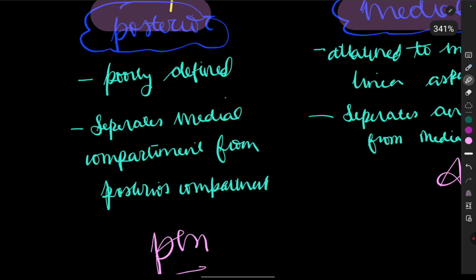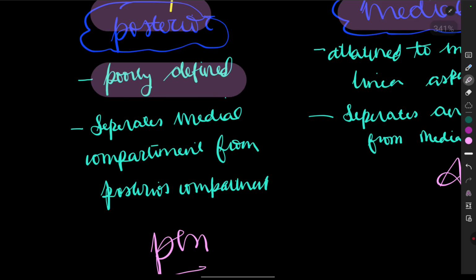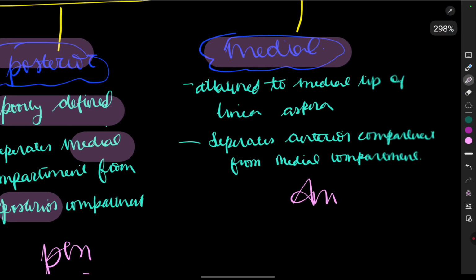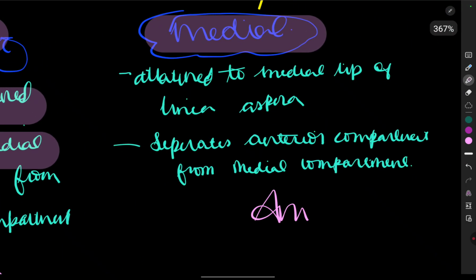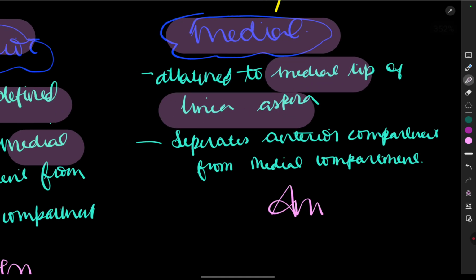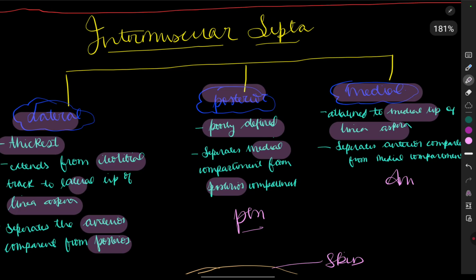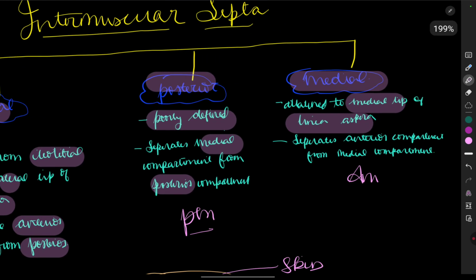Okay, so the posterior is a poorly defined septum, and it separates the medial compartment from the posterior compartment. I'll tell you how to remember that. The medial septum is attached to the medial lip of the linea aspera. See, the lateral one is attached to the lateral lip of the linea aspera, and the medial one is attached to the medial lip of the linea aspera.